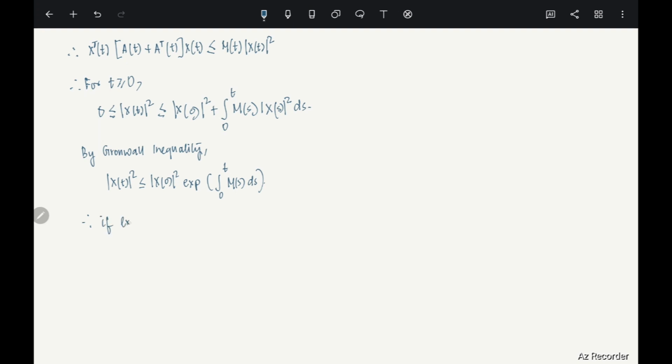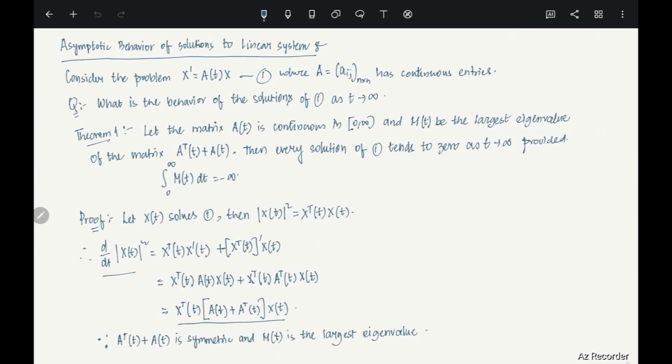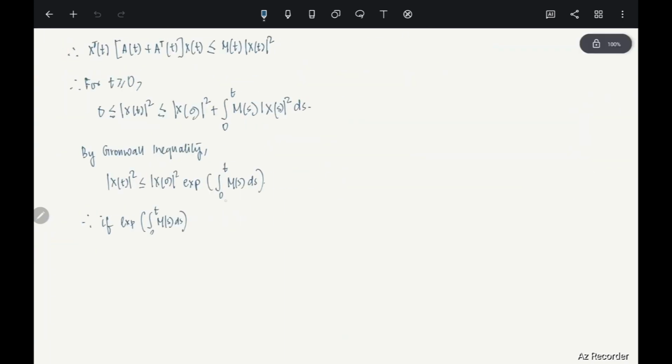if exponential of the integral from 0 to t of m(s) ds, okay, see the thing is, if the tail part of this, the integral from 0 to infinity of m(t) dt, is basically minus infinity, right? So this goes to 0 in that case, and then x(t) will also go to 0, right?